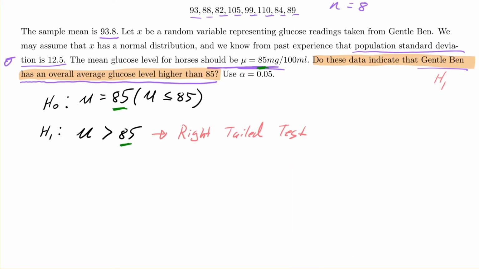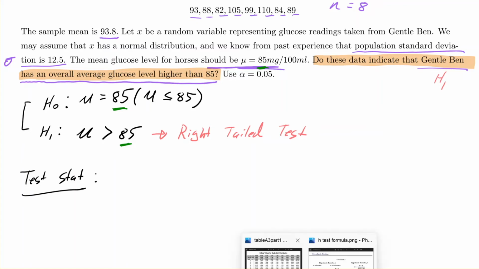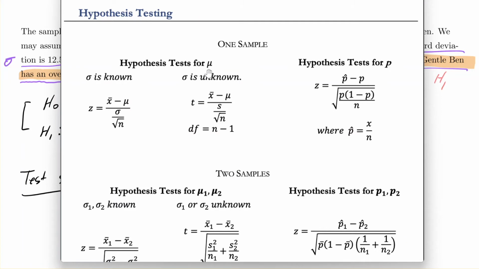Okay. So once we find this, we set up the statements, then we find the test statistic. Test stat. Now this is where we have to go to the formula sheet and pick the correct formula. So here we're testing the mean glucose level. And since population standard deviation is known, we have to use this formula to find the z value.